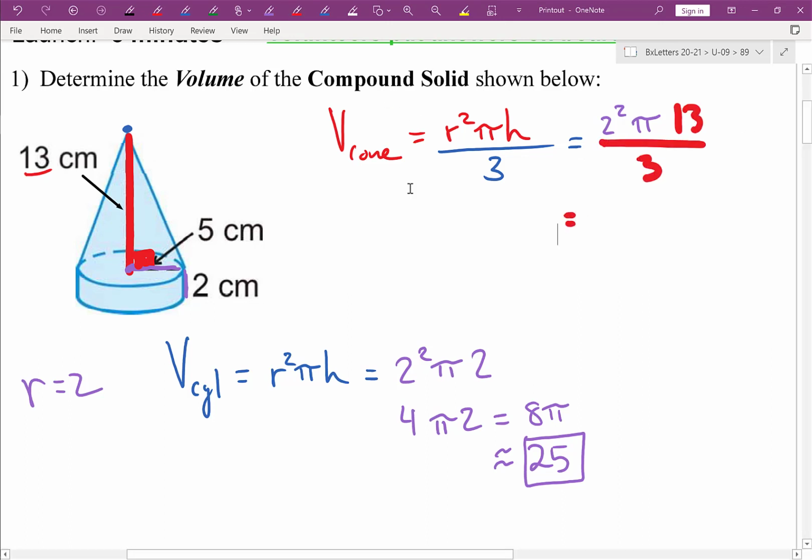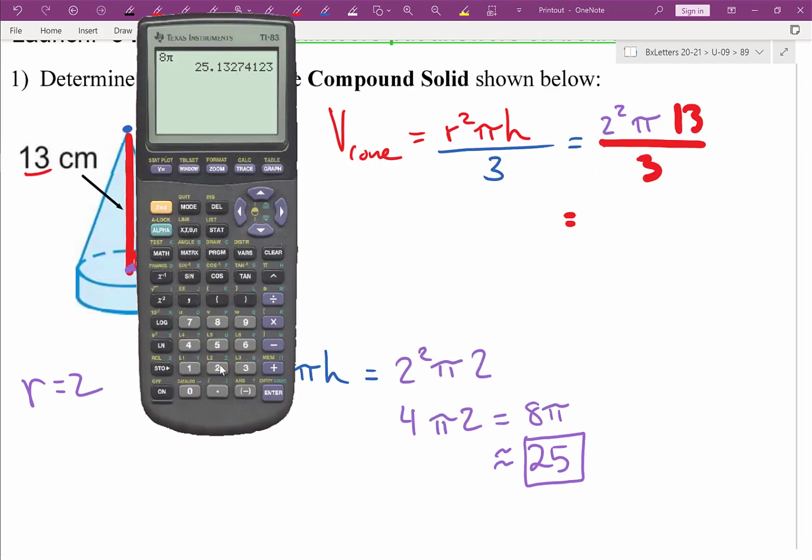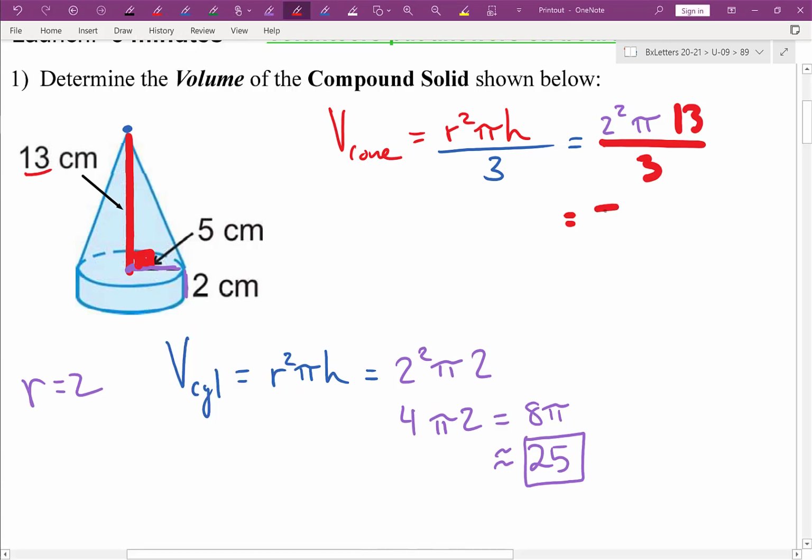So I'm just going to type that into the calculator. 2 squared pi 13, then divide by 3. So 54.5, we'll call it. And I'm looking at the picture, and since the objects are separate from one another, it's not like one is contained within the other.